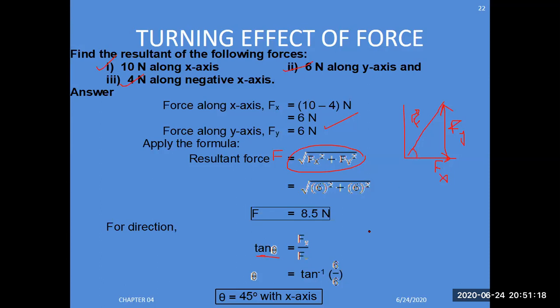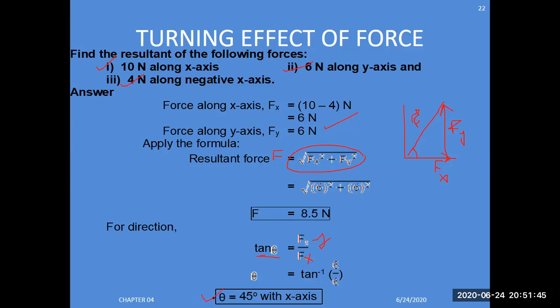You will calculate the angle, that is Fy divided by Fx. If you put the values, Fy is 6 and Fx is 6, you will get the value of the angle of the direction. It is exactly between the x and y axes.